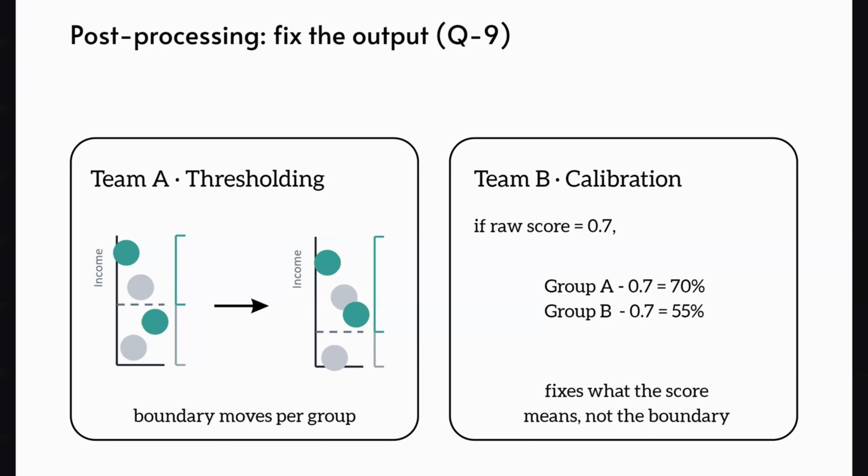Basically, we are calibrating the raw score, fixing what the score means, not changing the boundary. The boundary is still 0.7 and remains the same. That ends the fairness part.